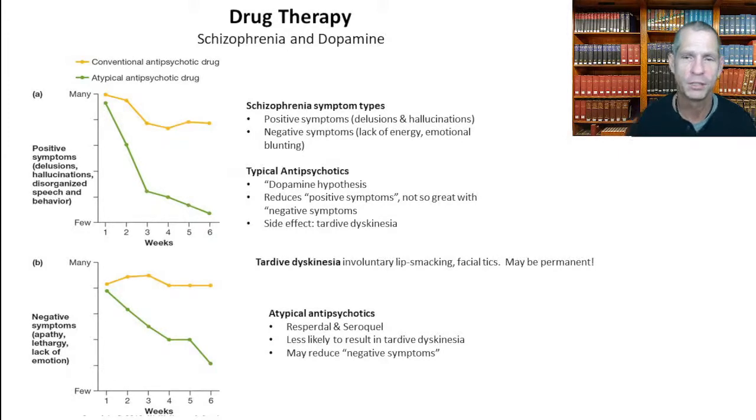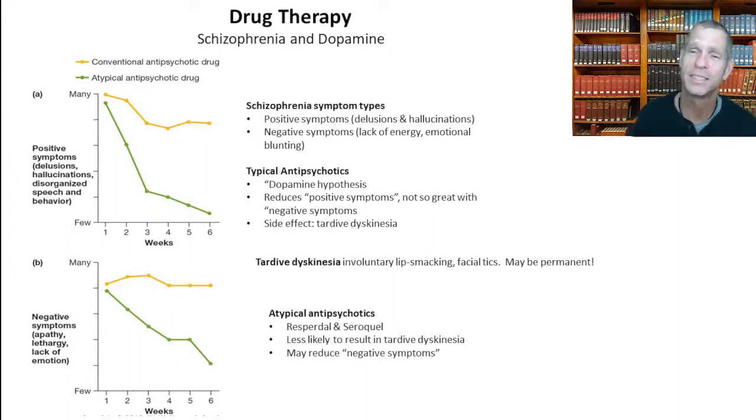If you look over at the graphs I have on this screen here, you'll notice that these are, again, behavioral reports of symptoms. This is nothing physiological that we know. These are just behavioral reports. And people report less negative symptoms when they take these atypical antipsychotics.